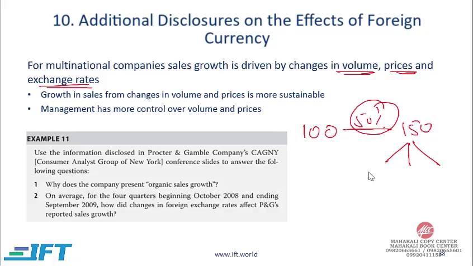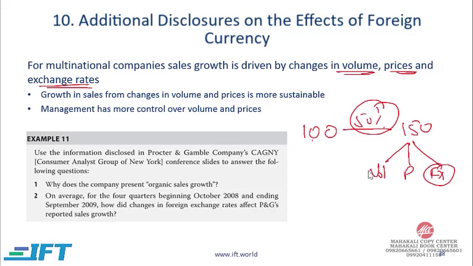The first reason might be the increase in volume, so more goods are being sold. Another might have to do with increases in prices. And then in the context of multinational operations, a third reason might have to do with the change in exchange rates. If there is a favorable movement in exchange rates, then obviously that will increase the value of sales coming from multinational operations. Note that the sales numbers being reported are in the parent's presentation currency.